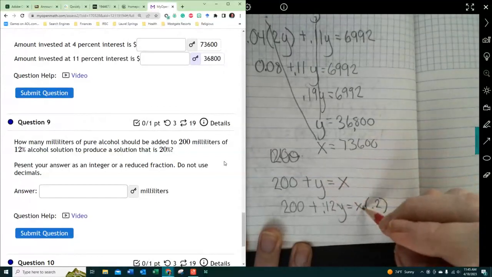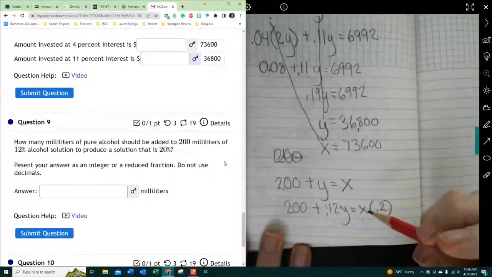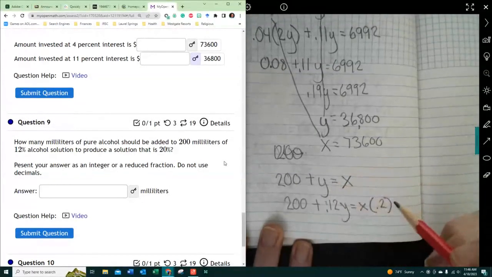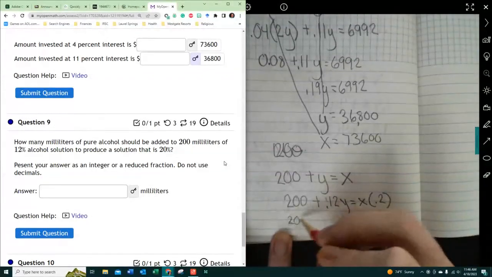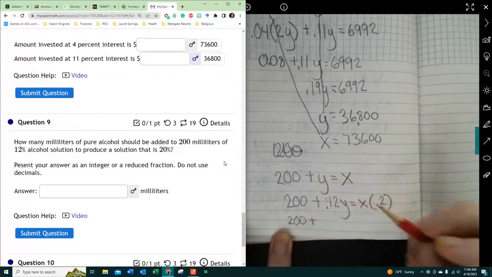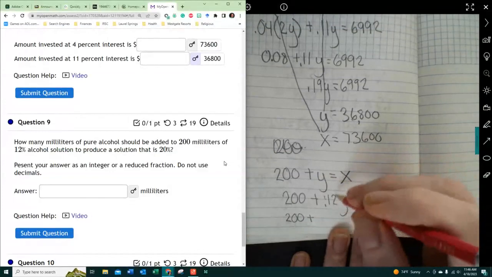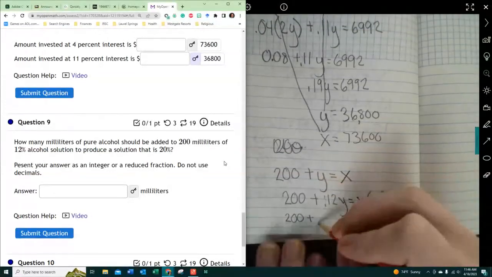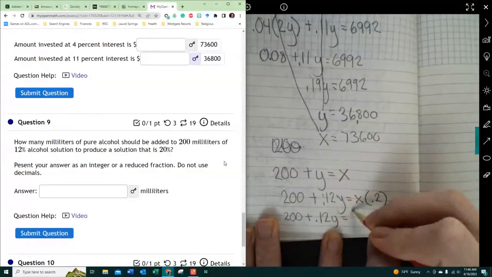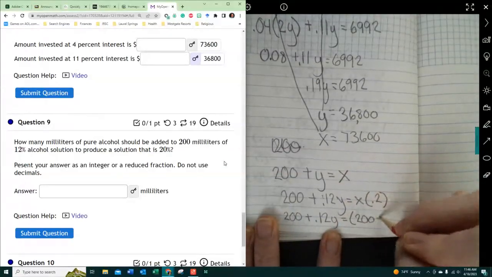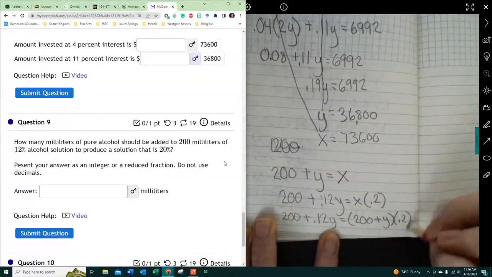Now that I have this finalized, I can replace X into here, and I can solve for Y. And then I solve for X by plugging in that Y. So I'm going to plug in this for X, and then I have X equals 200 plus Y, times the 0.2.